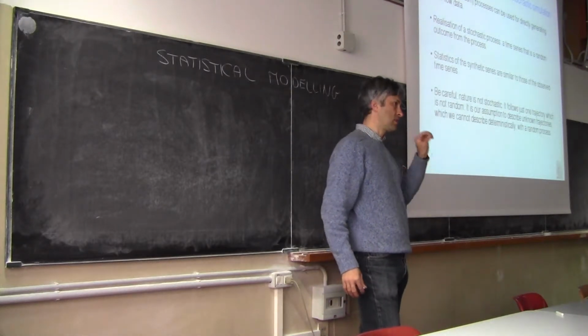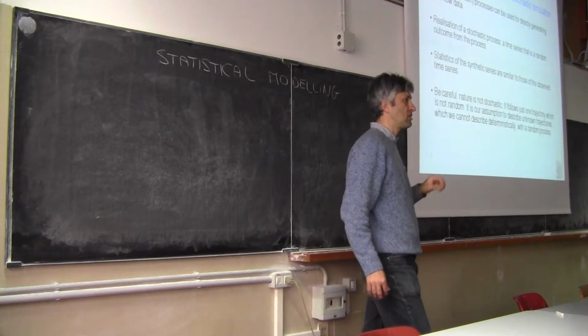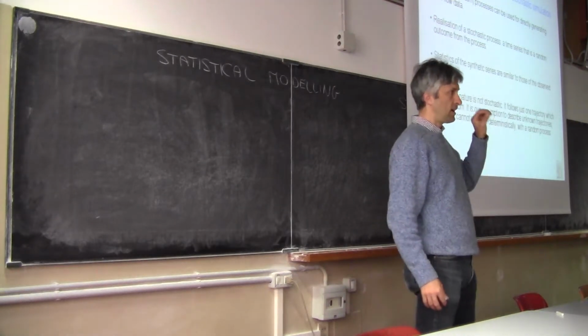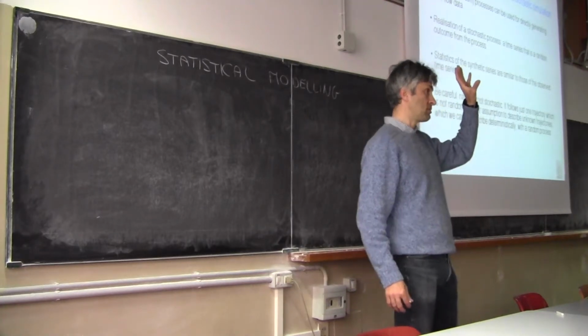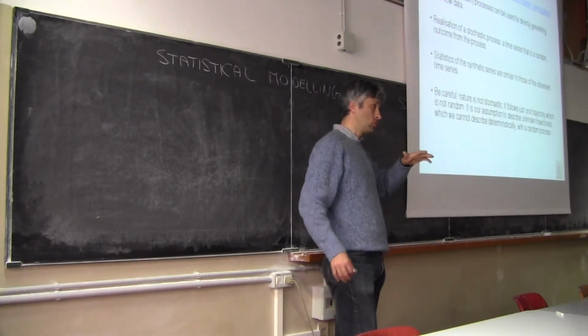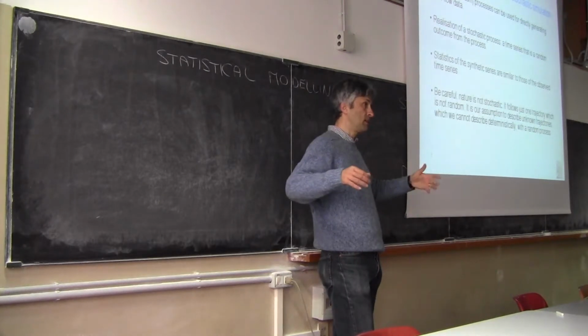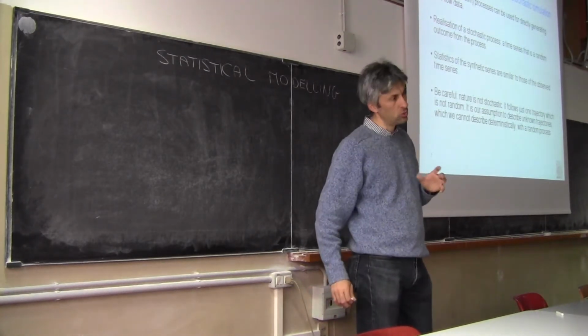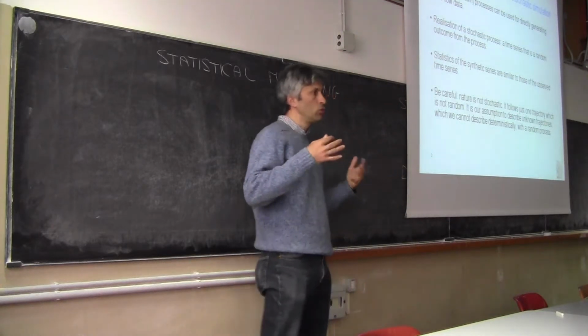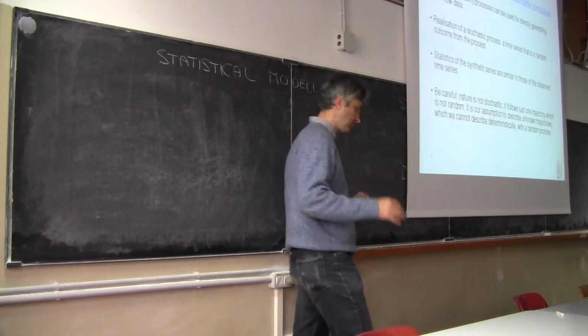In one case, I just have one number. If I want to estimate the design flood, the experiment consists of just one outcome, the annual maximum. If I want to estimate water resources availability, my outcome is a series. And therefore, I need to use a different tool, which is stochastic modeling.